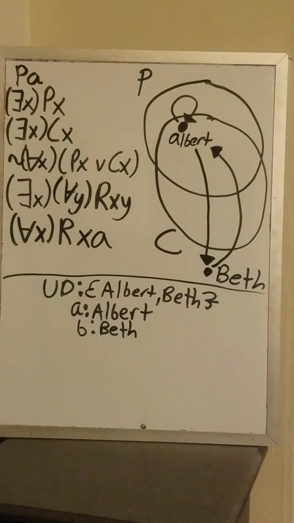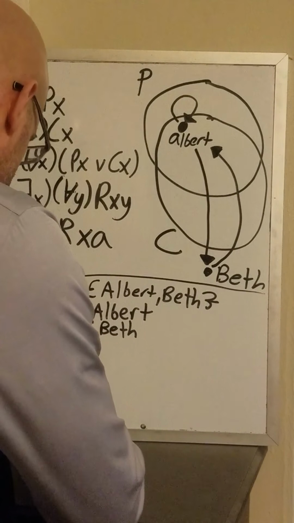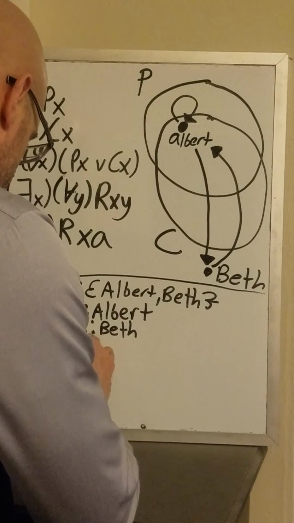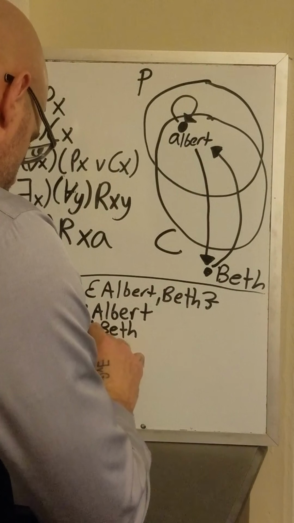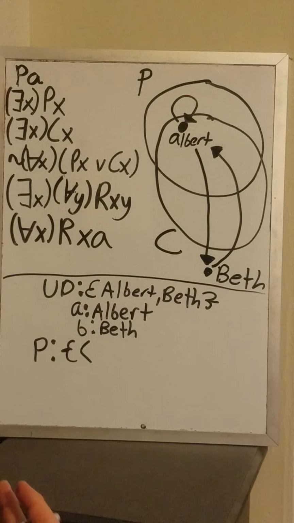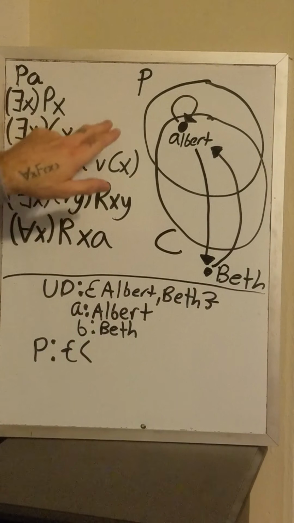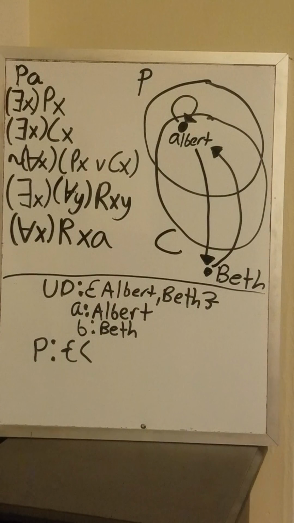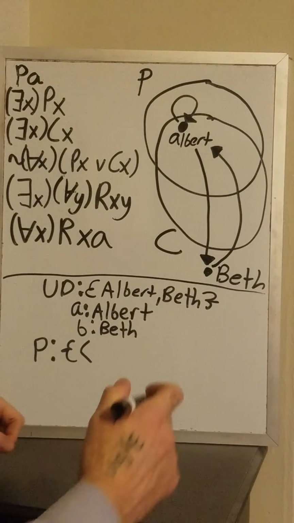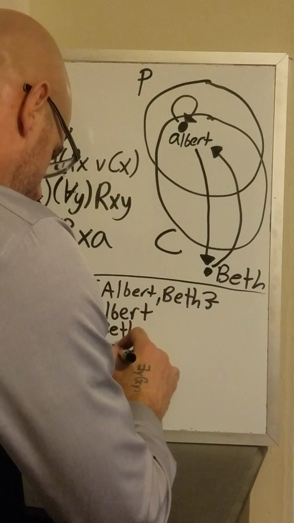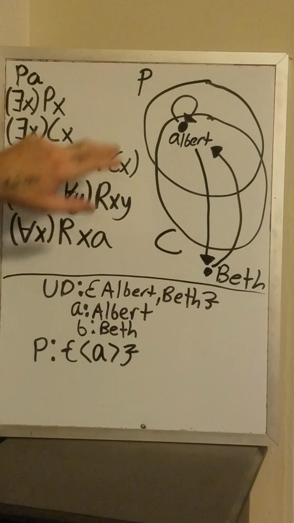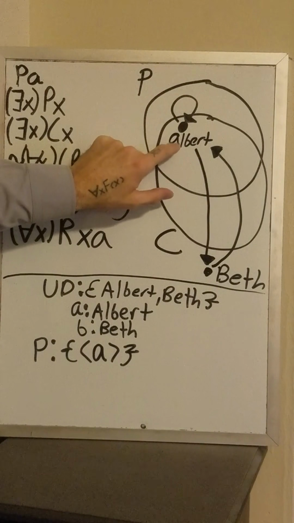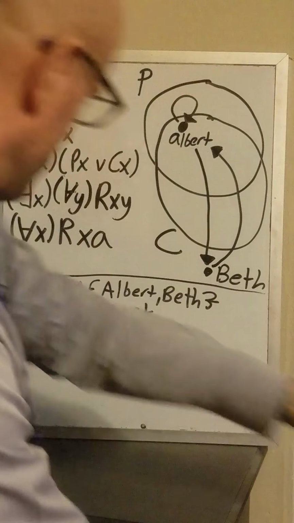Now we're going to define the extensions of our predicates. First, P. Remember, predicates are defined in terms of a set of ordered tuples. This is a one-place predicate, so it has tuples with only one thing in them. P has got one thing in it: Albert.